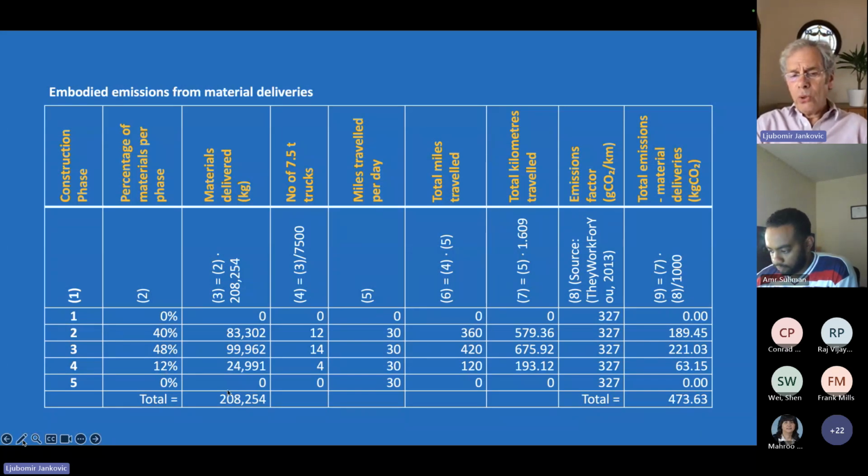We have around 208 tons of materials to be delivered, and this was to be delivered by 7.5 tons trucks, and then that enables us to calculate number of trucks required, miles traveled per day, if we assume that it's 30 miles turnaround distance, total miles traveled, total kilometers traveled, emissions factor again, and multiplication of all of this gives us the total emissions from material deliveries.